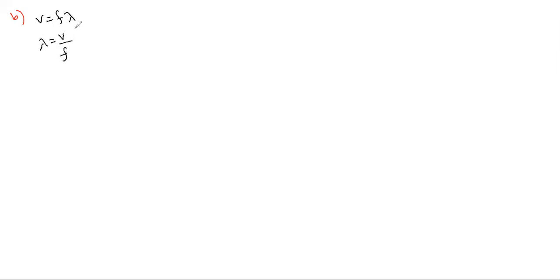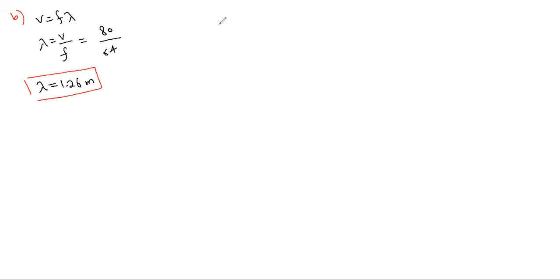We have both of these values, one given in the question and one we calculated. So this will be 80 divided by 64, and lambda will be 1.26 meters. This is the answer to part B.